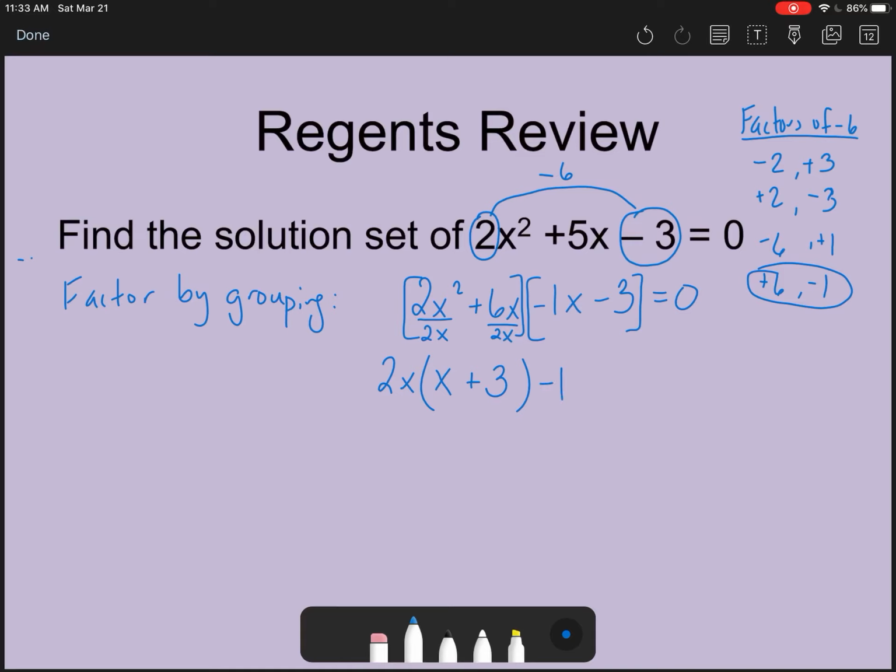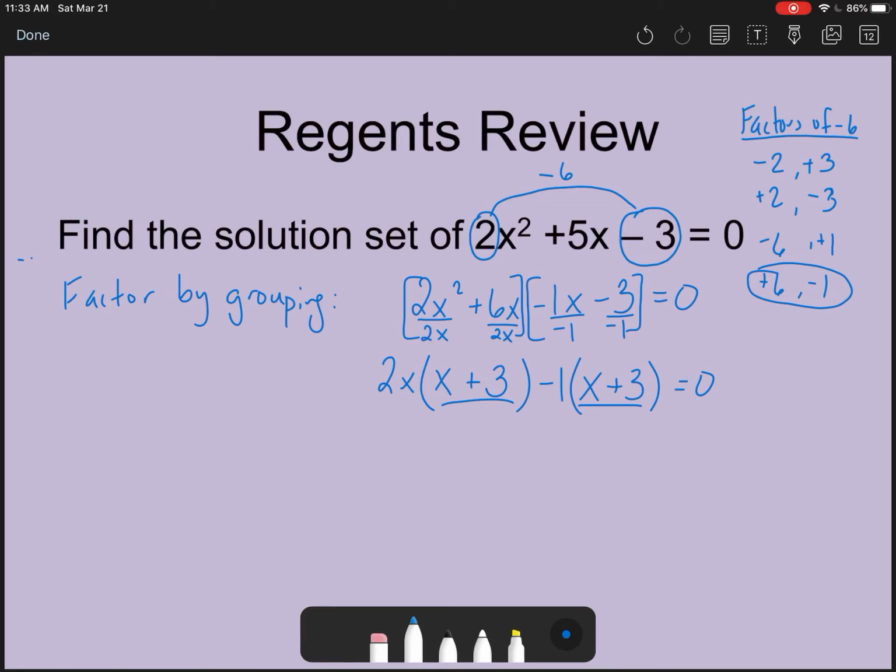Do the same thing for the next set of parentheses. The GCF is negative 1. Remember, whenever you have a negative sign, the GCF is going to include a negative. And then we're going to divide both by negative 1. And we get x plus 3. Notice we have the same thing in both sets of parentheses. That's what we should have. If we don't, we made a mistake. We got to go back and try to fix it.